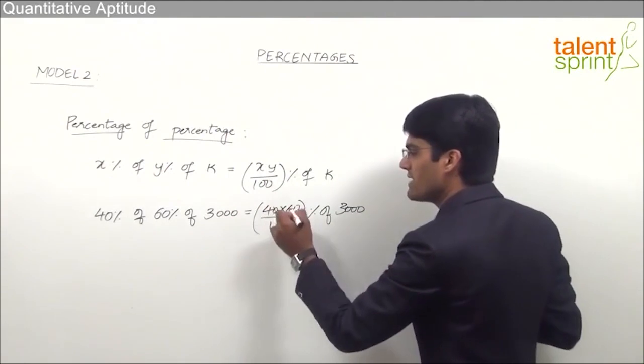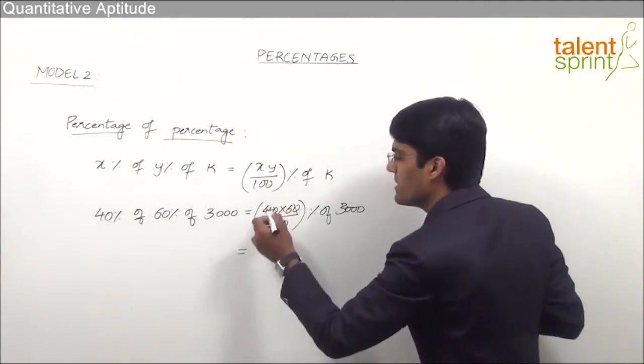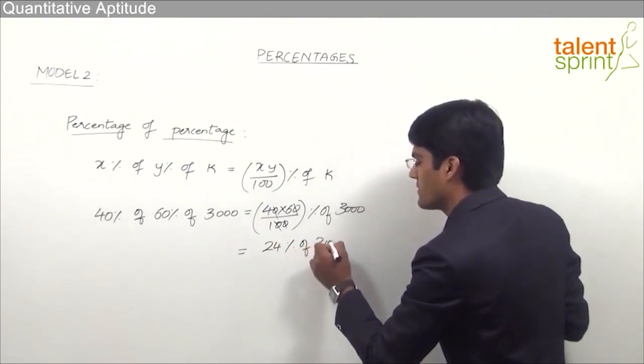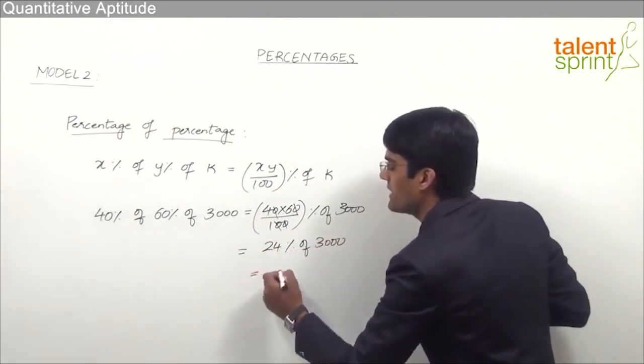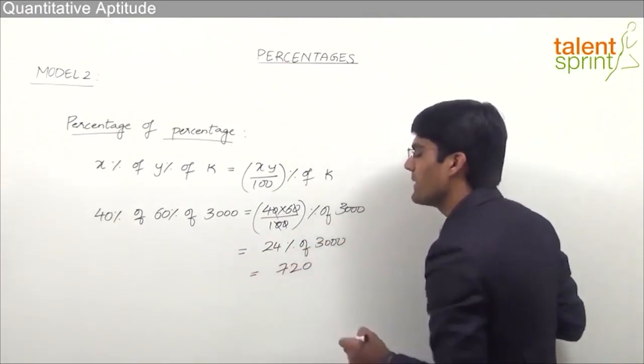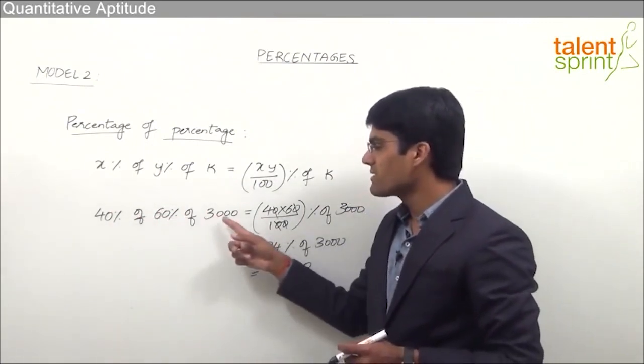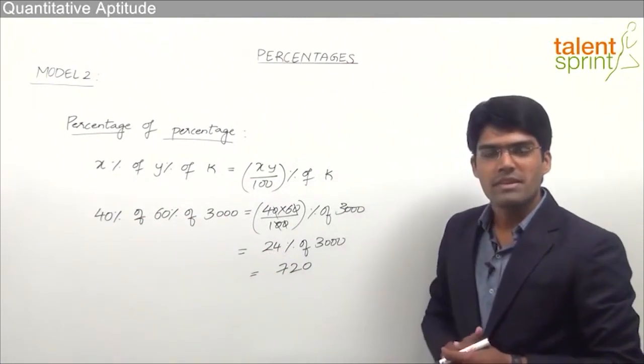Now 40 into 60 by 100 is equal to 24. So this is 24% of 3000, and 24% of 3000 will be equal to 720. So we can say that 40% of 60% of 3000 is equal to 720.